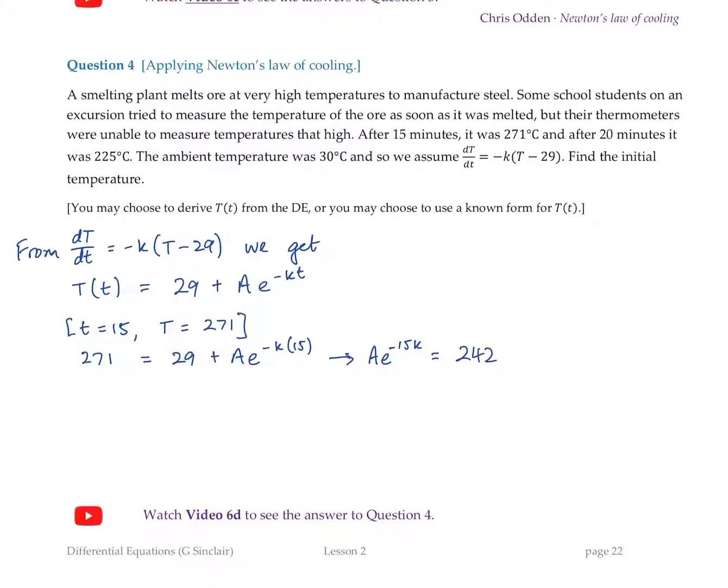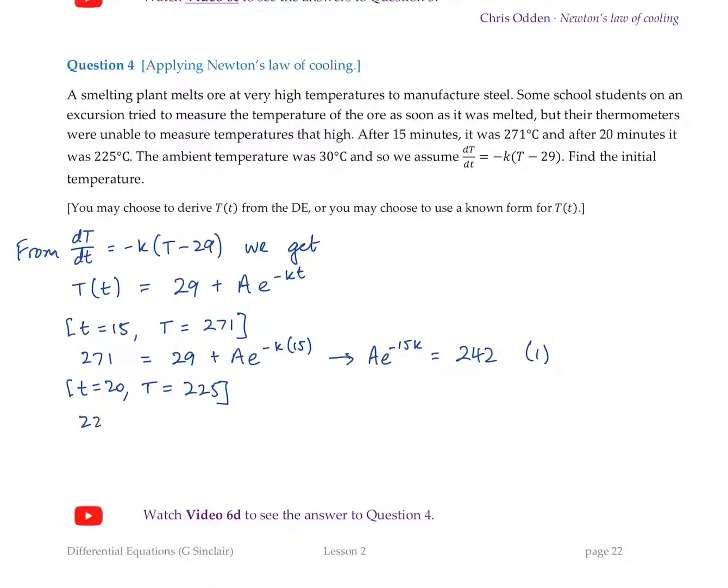Now luckily we have two pieces of information, so that means we're going to get some simultaneous equations that we can work with. I'll call that equation 1, and then our next bit of information, t equals 20, capital T equals 225.